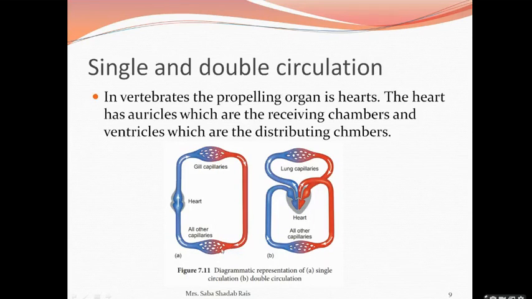So, what will happen? This deoxygenated blood will be collected together into the same vessel. Now, for understanding, only one circuit is made. There are many branches of the vessels.